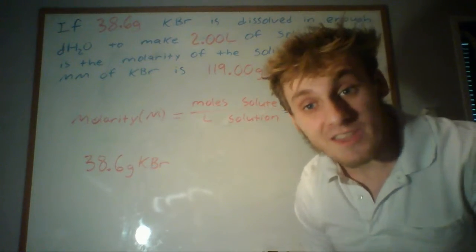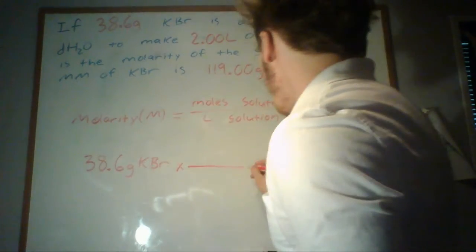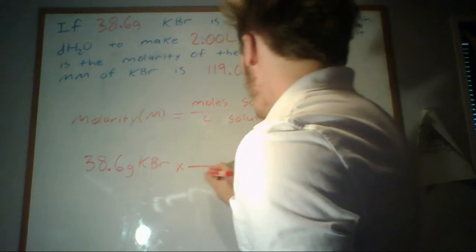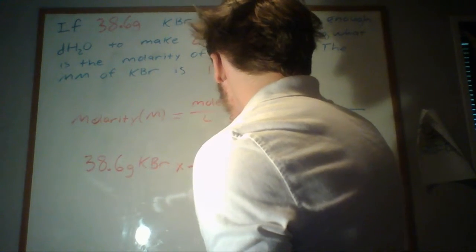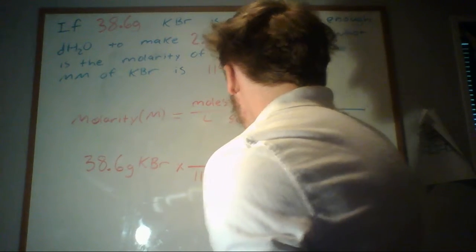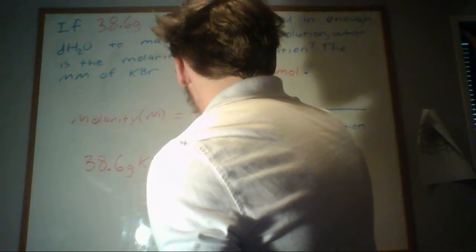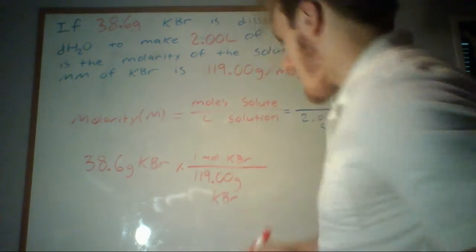Let's go ahead and do that in the next step. So we're going to take this mass here and we're going to multiply by this molar mass. So we'll put 119.00 grams of KBr in the denominator, and we'll put 1 mole of KBr in the numerator.